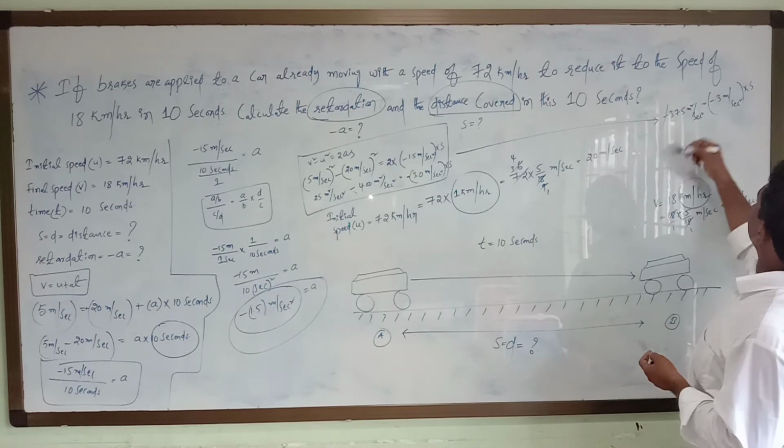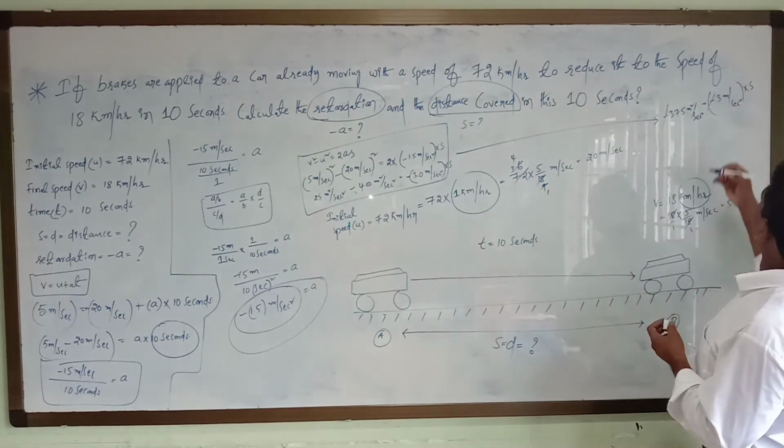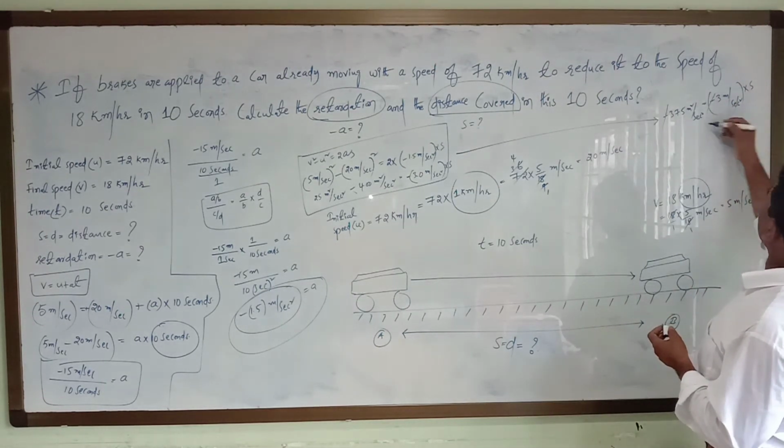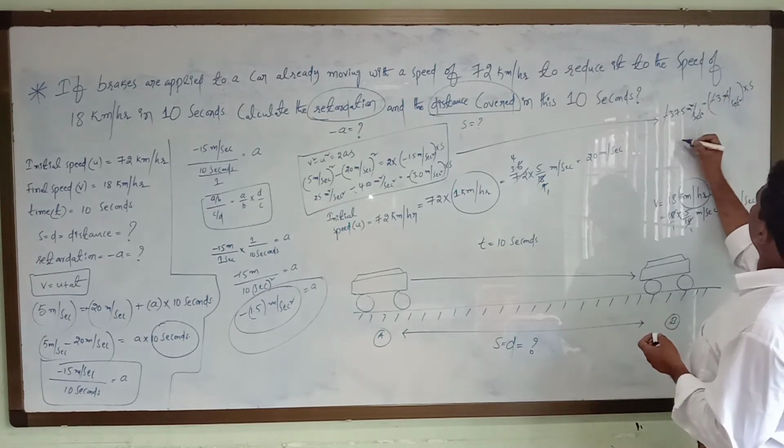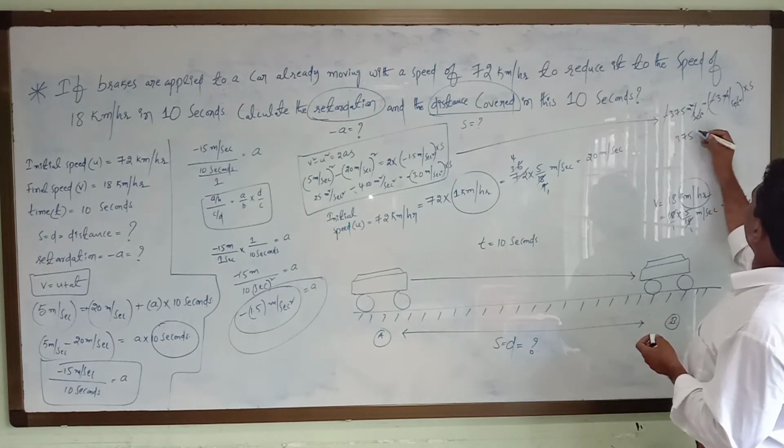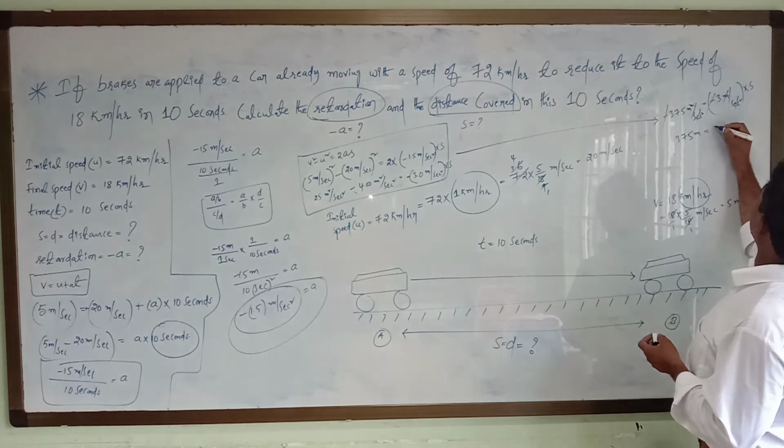So here minus gets cancelled, second square gets cancelled, meter square gets cancelled. 375 meters is equal to 3 into distance.